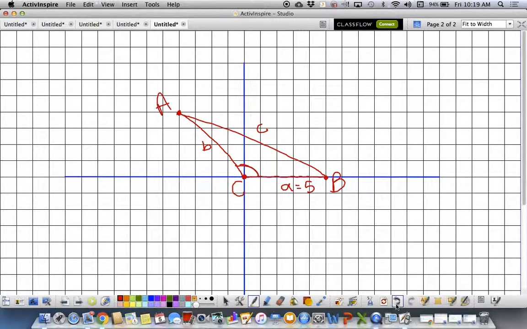That's how they give it. If I wanted to find the length of A to B, that little c, if I were to draw a distance here, this is an X, this is a Y, that would be point A.